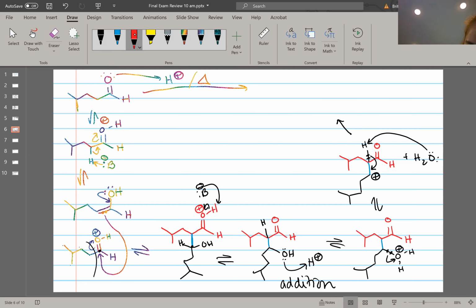And now we have our condensation product. So we're going to have a double bond there. Okay, are there any questions about that? Once you understand how this works, there's actually kind of a cute shortcut for coming up with the product. It's just you have to know how it works in order to get there.